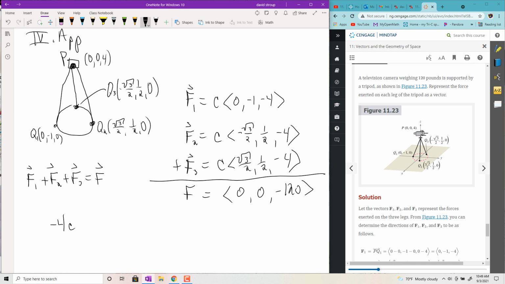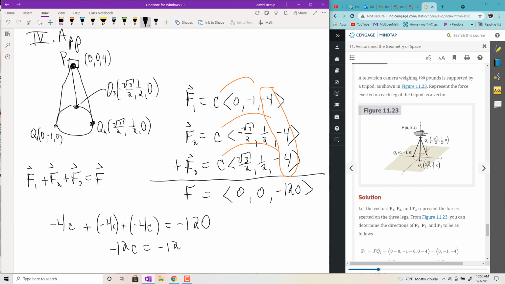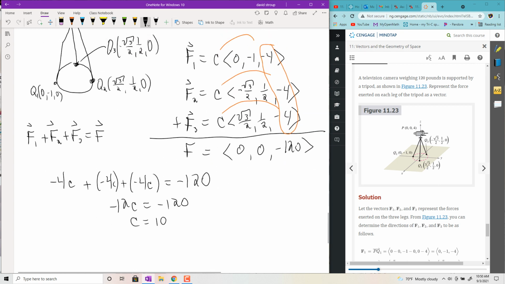Anyways, if you just add the third component, you could solve for C. Distributing the C in with all three of those, you get negative 4C plus negative 4C plus negative 4C equals negative 120. And so you get negative 12C is negative 120. In other words, C is 10. And then you could get the representations of the force vectors for the legs.